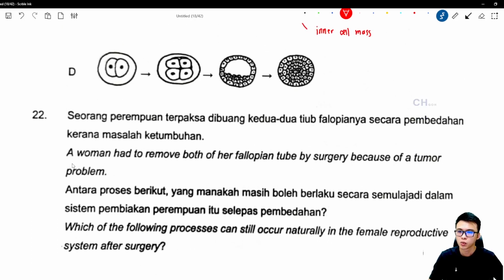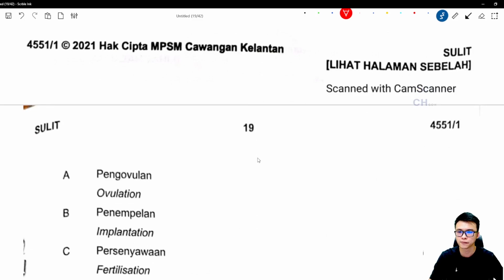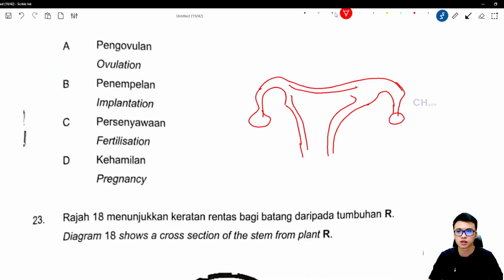Now, a woman had to remove both of her fallopian tubes by surgery because of a tumor problem. Which of the following processes can still occur naturally in the female reproductive system after surgery? Okay guys, look at this.